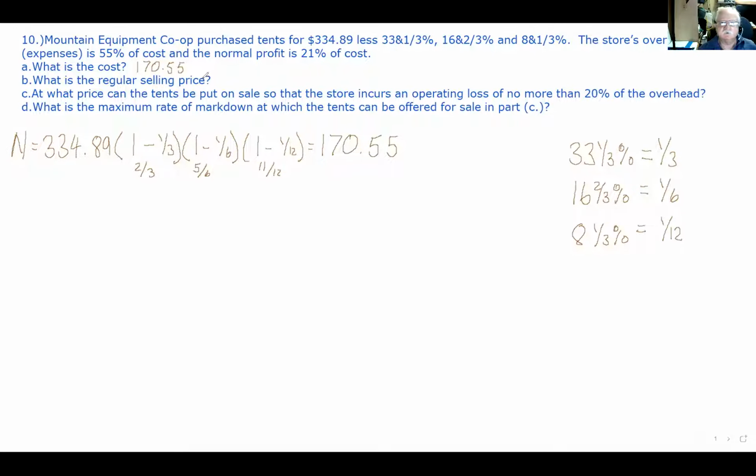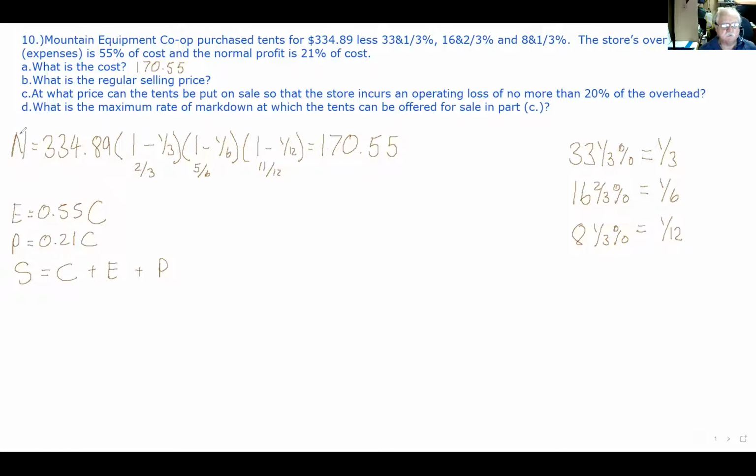So what is the regular selling price? They've told us the store's overhead expenses equal 55%, so 0.55 of cost, and profit equals 21%, so 0.21 of cost. So as they've told us about expenses and profit, we can roll everything into this equation, because we know most of this stuff.